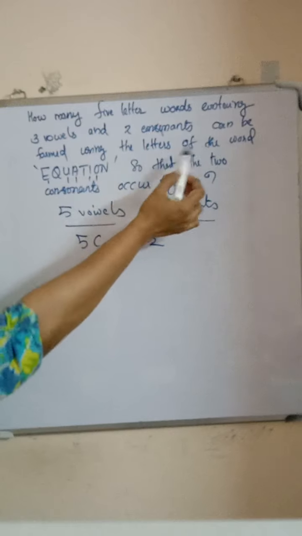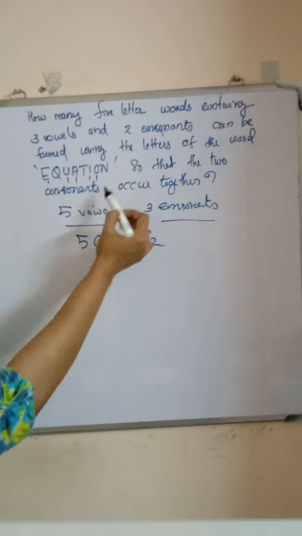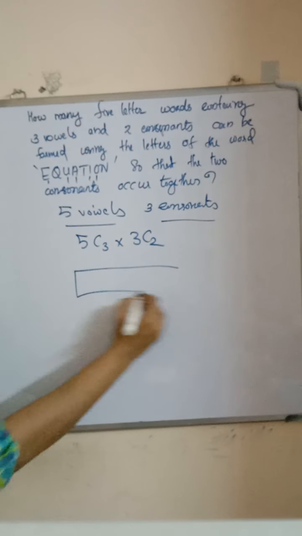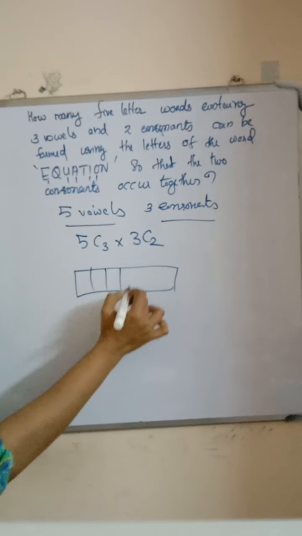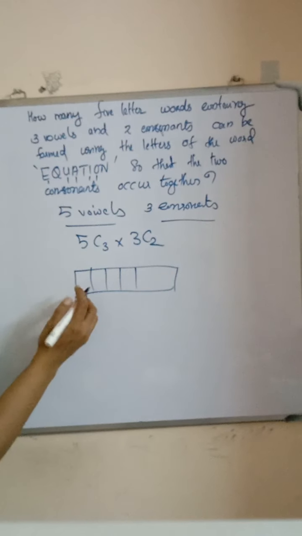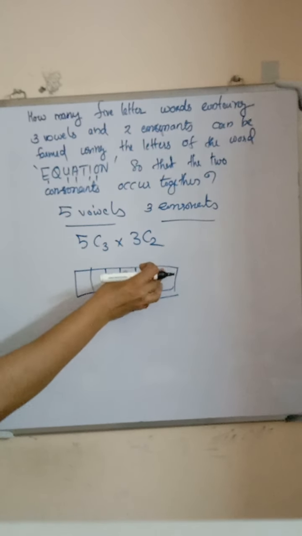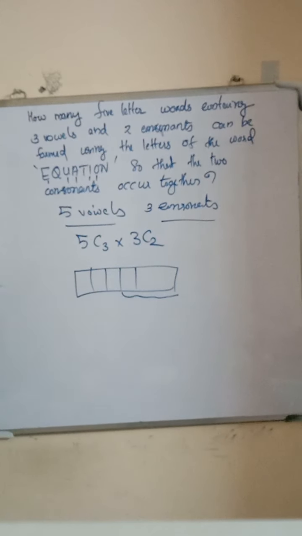The words are formed so that the 2 consonants occur together. So in the 5-letter word, take the 2 consonants as one group.